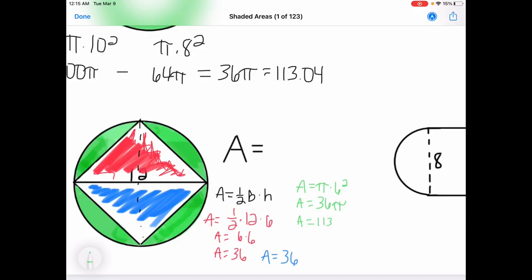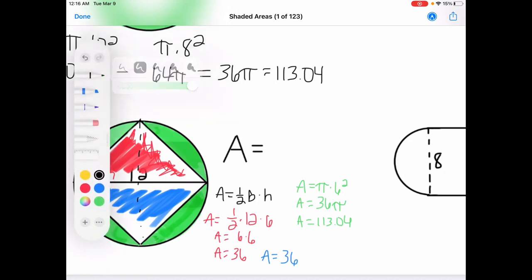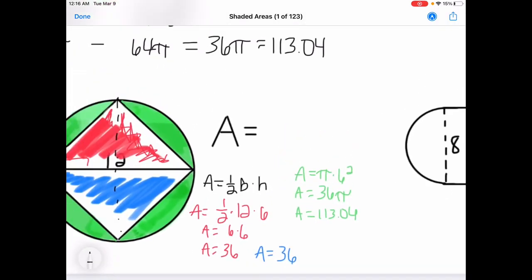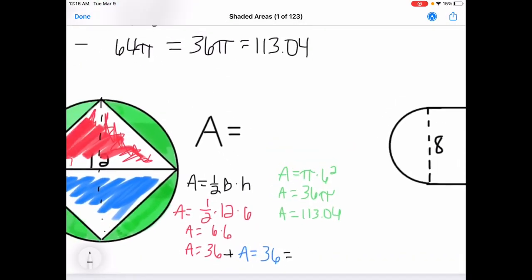is 113.04 square units. And I need to subtract the areas of my two triangles. So that leaves me with 36 plus 36. I know the total area of my triangles, or my square, is 72.